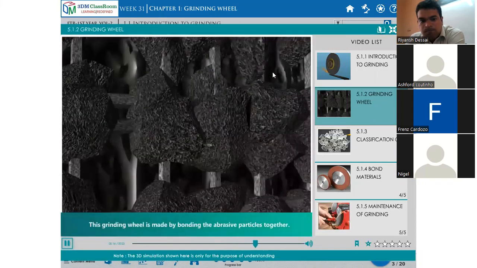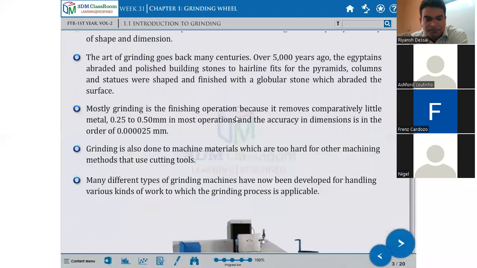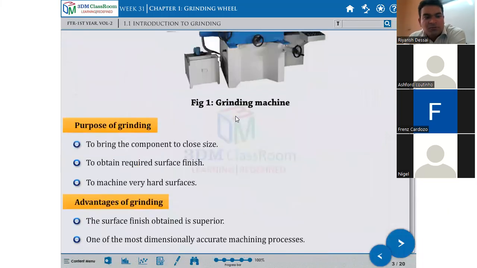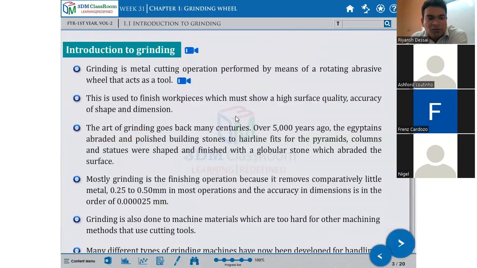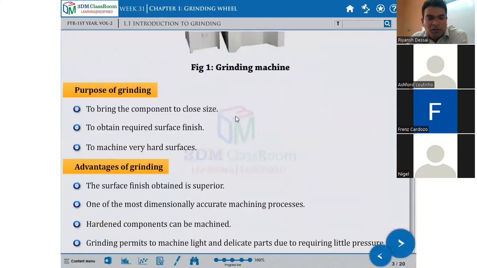This grinding wheel is made by bonding the abrasive particles together. So this is a grinding machine. The purpose of grinding is changing the component to close size, to obtain the required surface finish, and to machine very hard surfaces. This I already explained to you from my book that day.